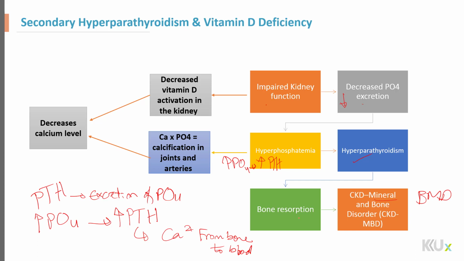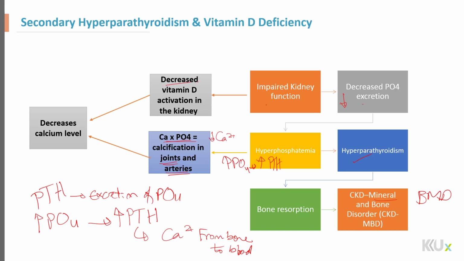Also, hyperphosphatemia leads to hypocalcemia, decreased calcium. How? Calcium and phosphate may form calcium phosphate stones or calcium phosphate precipitates in joints and arteries, which decreases the calcium in the blood.